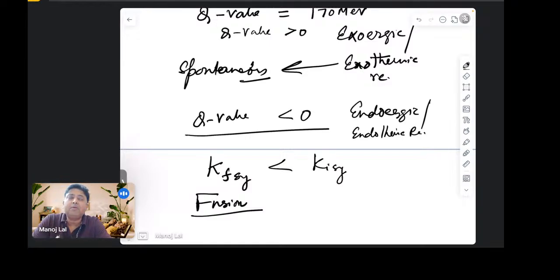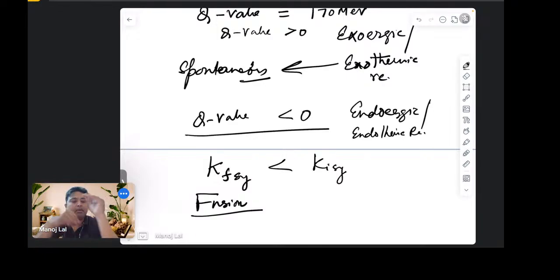It fuses because the temperature of the Sun is of the order of 10 raised to 7 Kelvin and the density is very high, almost 150 times that of water. Then this reaction takes place continuously, and deuterium and tritium fuse to form a single nucleus, helium, plus energy.